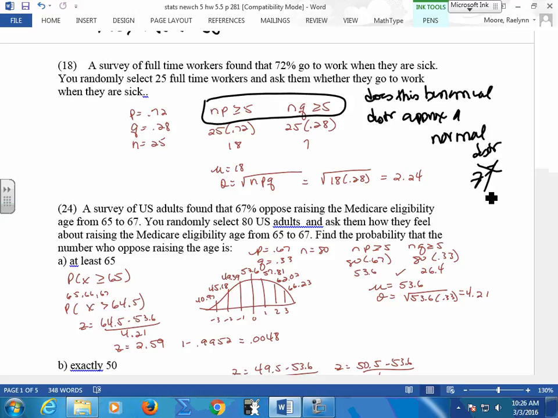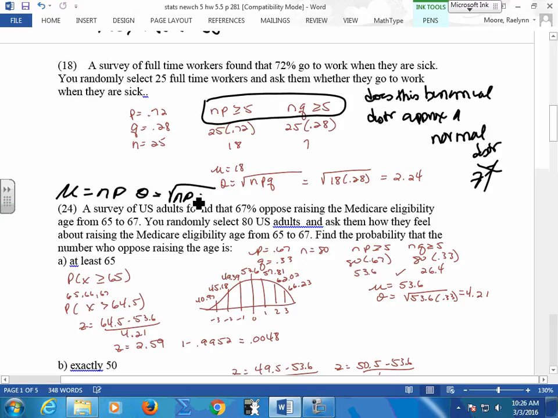And another way we recognize these, if you take a look at the next problem here, we're going to be doing this today. If you survey 67%, they respond favorably, and you ask a certain amount of people, if you go to make your z-score, you have no mean, you have no standard deviation. The only thing that's going to get you a mean and a standard deviation are these formulas.